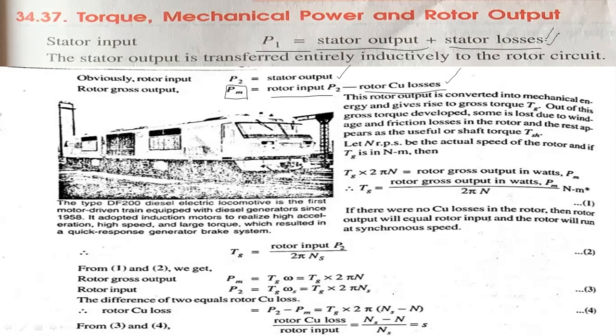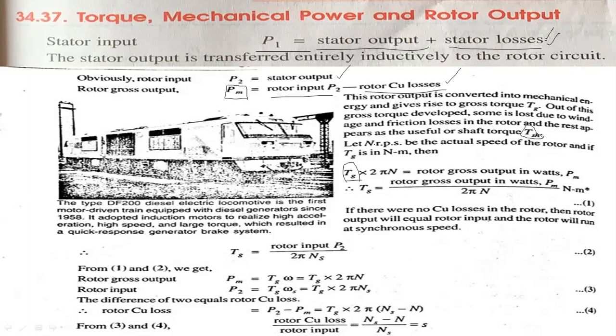That is called the gross torque Tg. Again, from this gross torque we have to omit windage and friction losses, so the rest will appear at the shaft. The final rotor shaft output gives the rotor shaft torque Tsh.